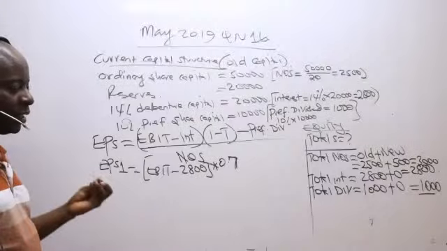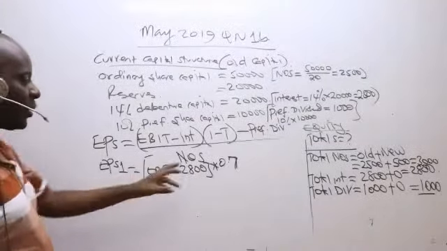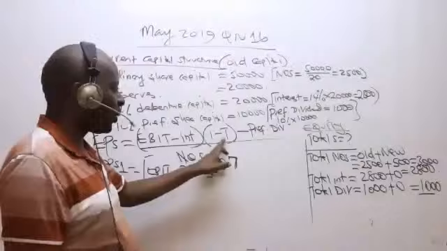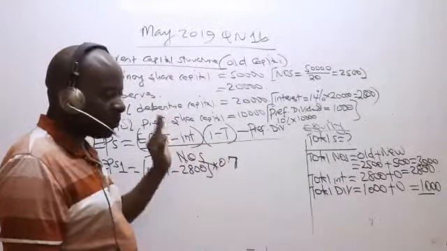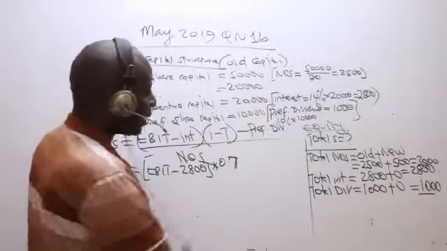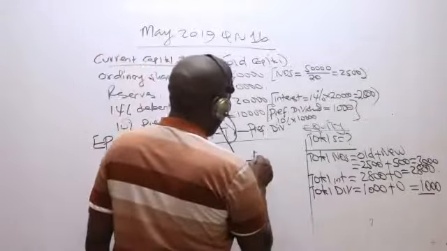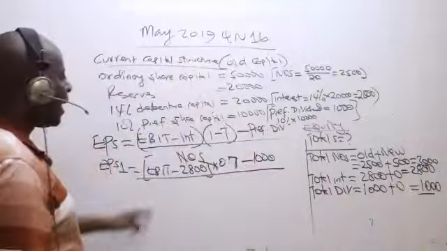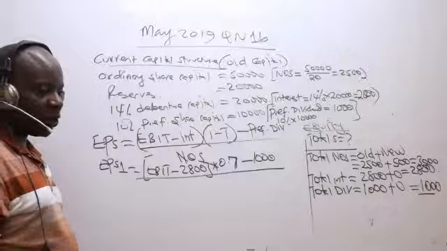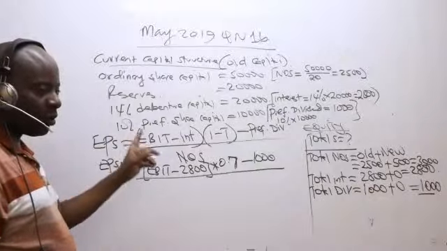So remember 0.7, we've taken 1 minus 0.3. So minus preference dividend, what is the total dividend? It's 1,000. Thank you so much. And then everything to be divided by the total number of ordinary shares. Do we know the total number of ordinary shares?